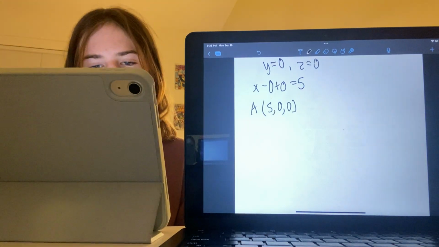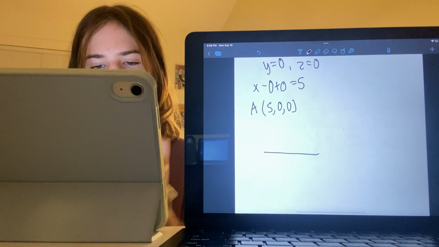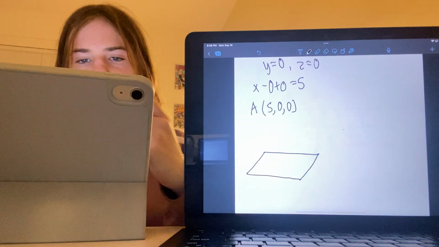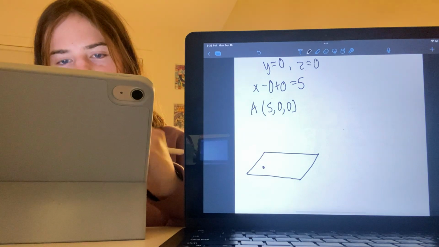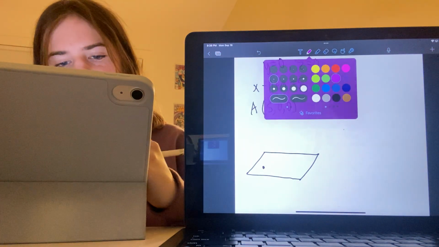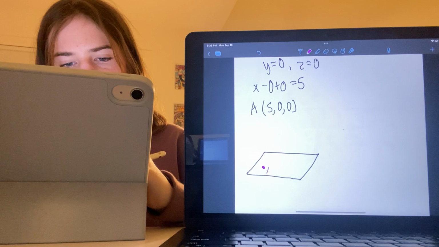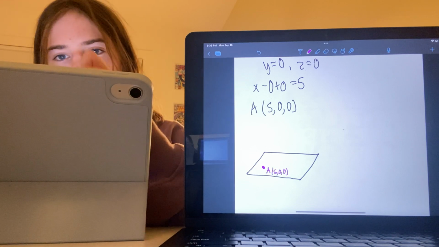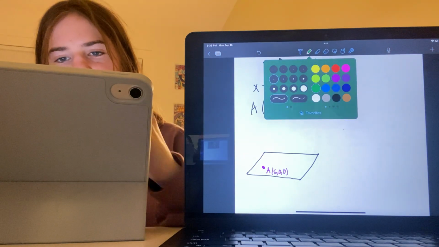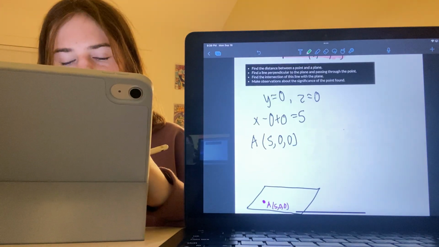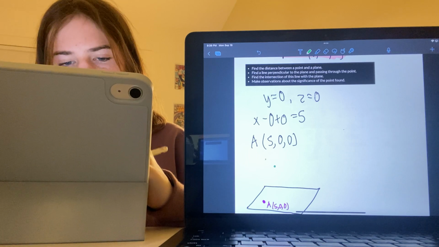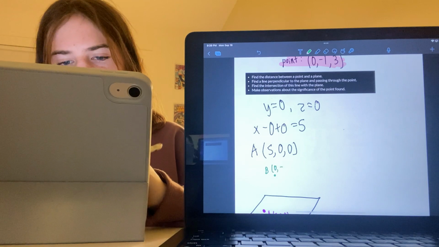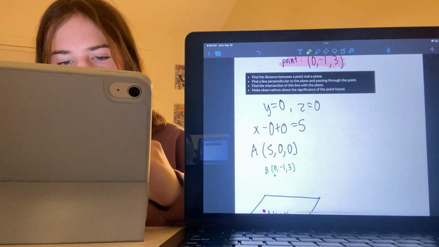Next, just to help visualize going forward, I'm going to draw this out. So we have our point A, which is (5, 0, 0), and then we have our other point, just say B. That's going to be (0, -1, 3).